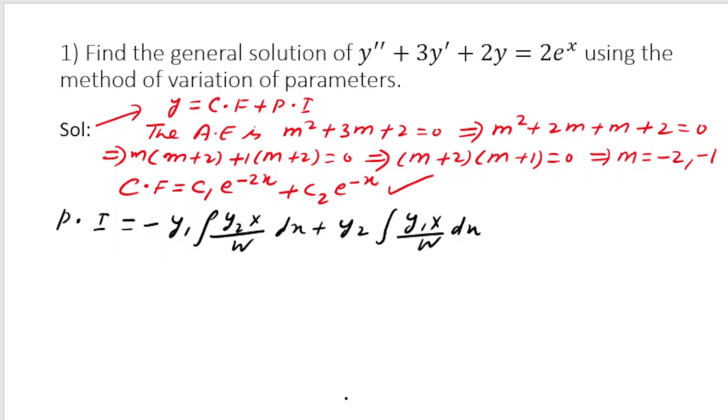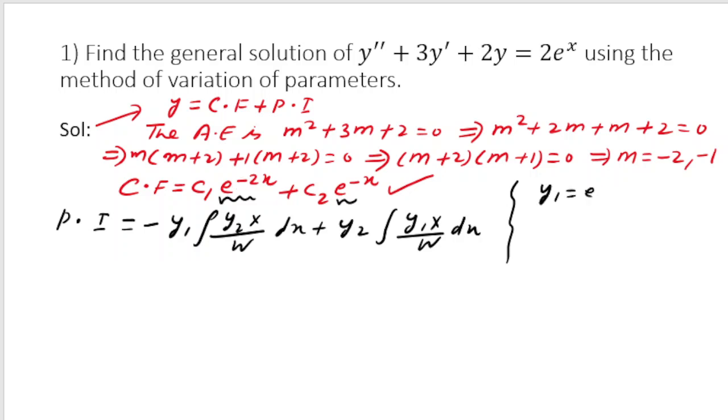I want to save space, so I will do some calculation on the right hand side. What is y1 here? I hope you can clearly see that I will consider this term as y1 and this term as y2. It can be taken as y2 or as y1, there is no such restriction. But since I have written this term as the first term, I am calling this y1.